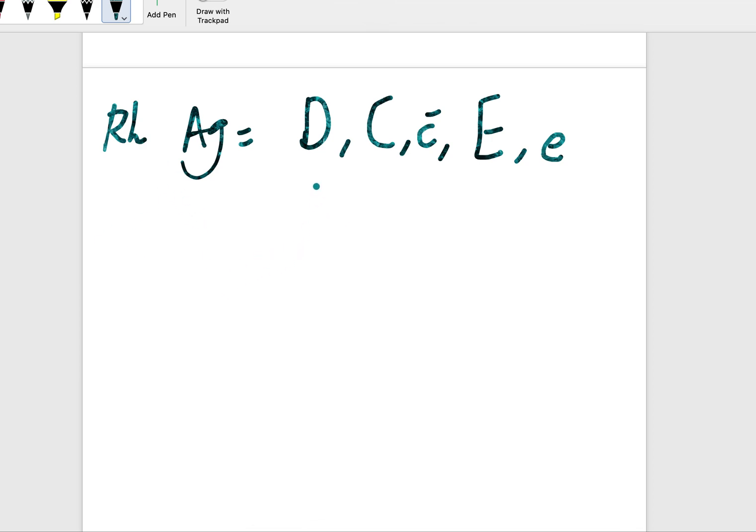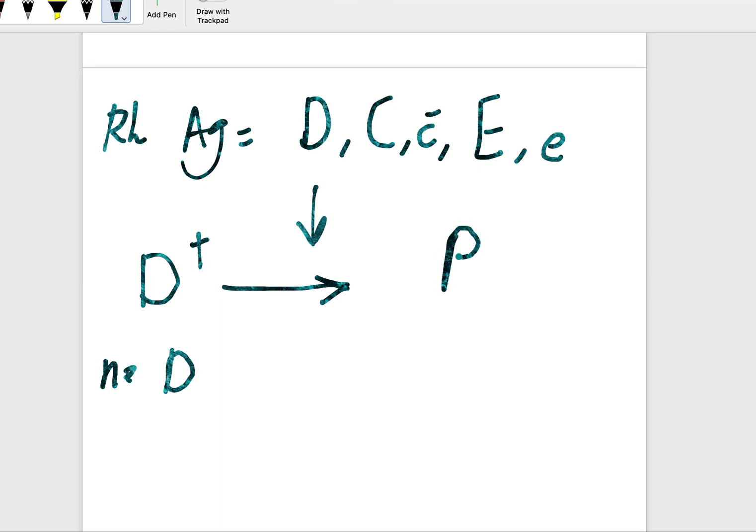So to write the genotype, first thing we have to know is the D antigen. Is it positive or do we have no D antigen? If the D antigen is positive or available, the genotype letter will be R capital. In case we don't have the D antigen, or sometimes they write it like D small, it will be R small in the genotyping section.